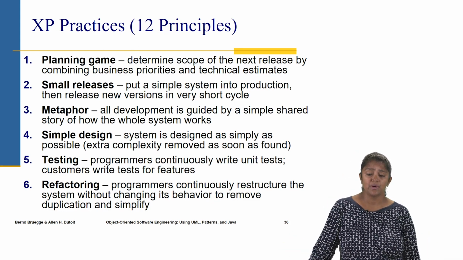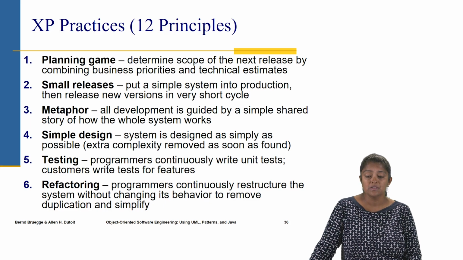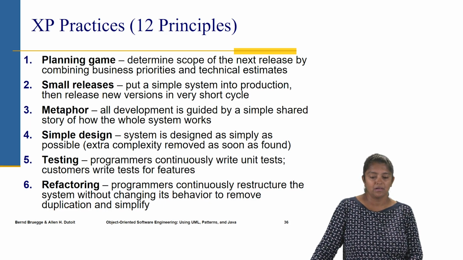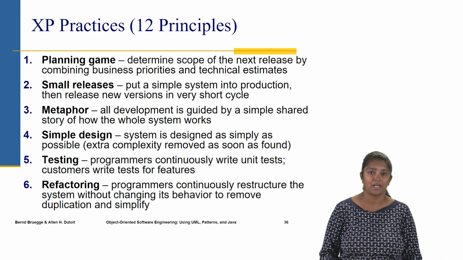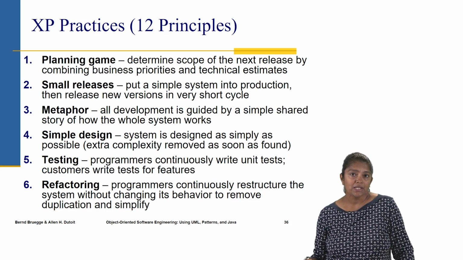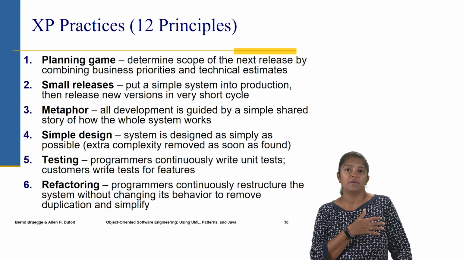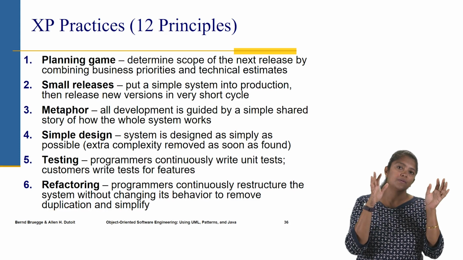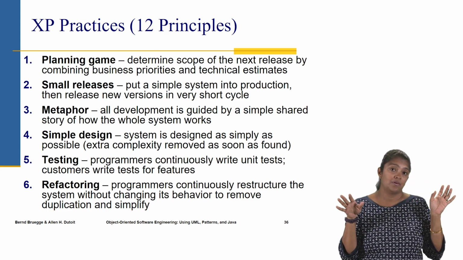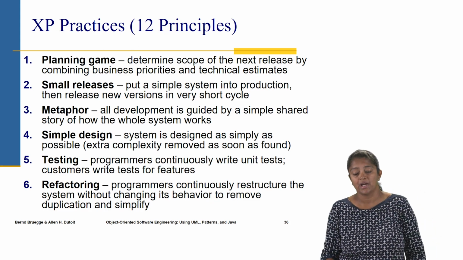So typically there are 12 principles, the extreme programming practices. Depending on which principle, they're basically focusing on that aspect. So be it planning or having small releases, or metaphor, where all of the development is guided by a simple shared story of how this whole system works, and everyone on the team or in the organization understands that and works based off of that.